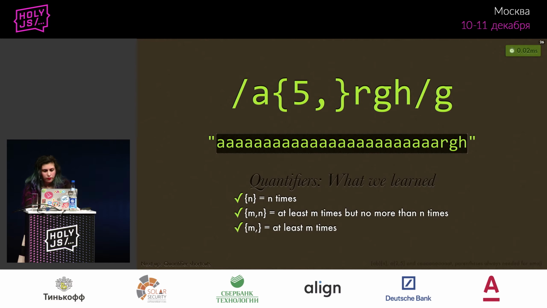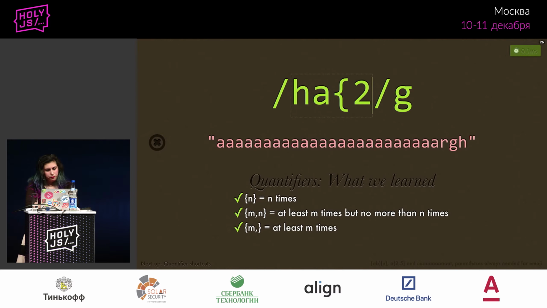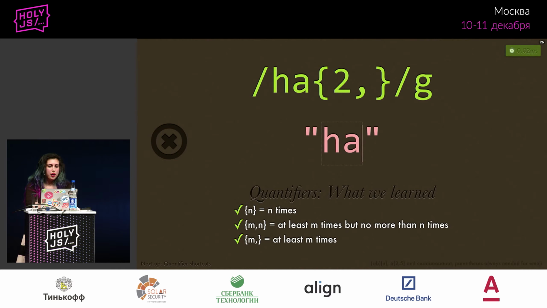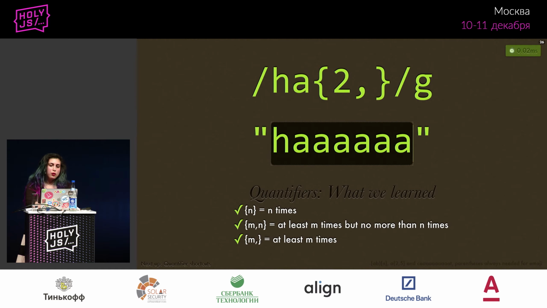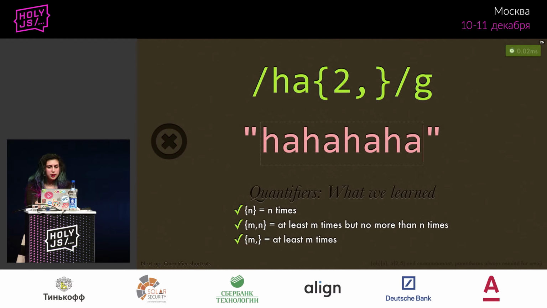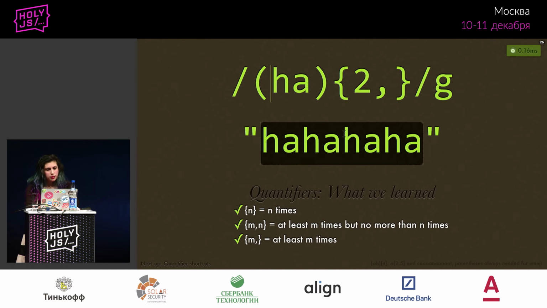So there's syntax for at least n times, m to n times, and n times. Also, another thing to notice is that you can group them with parentheses. So here, without any parentheses, the quantifier, these are called quantifiers, only applies to the A. If I want to match things like this, it won't work unless I use parentheses.